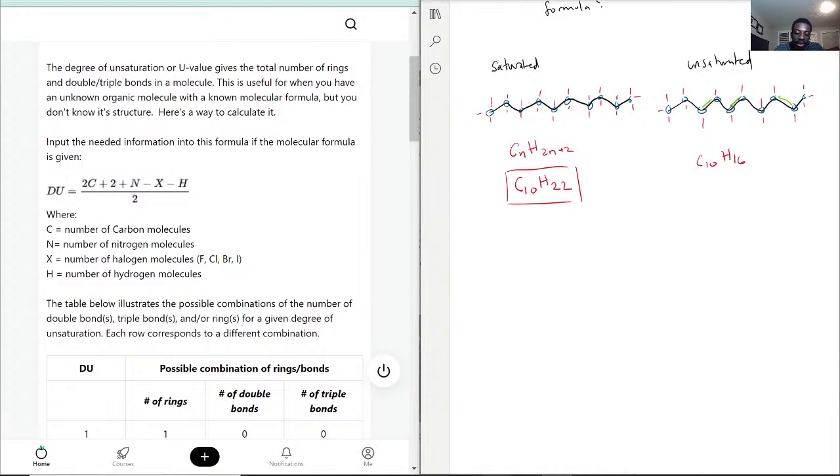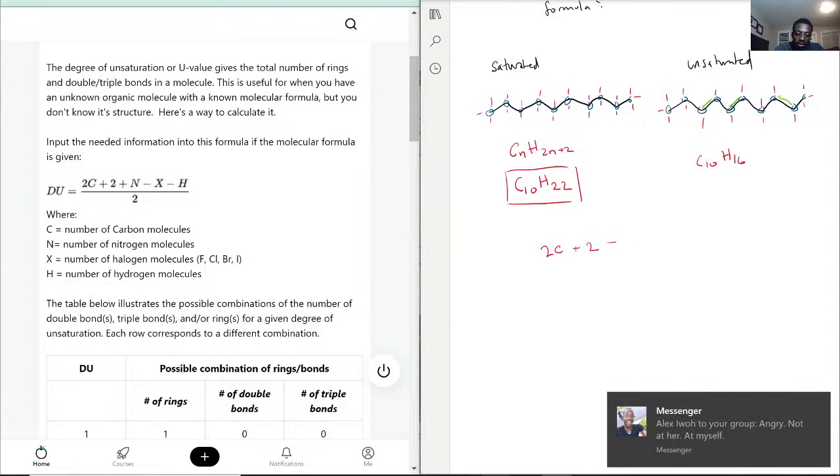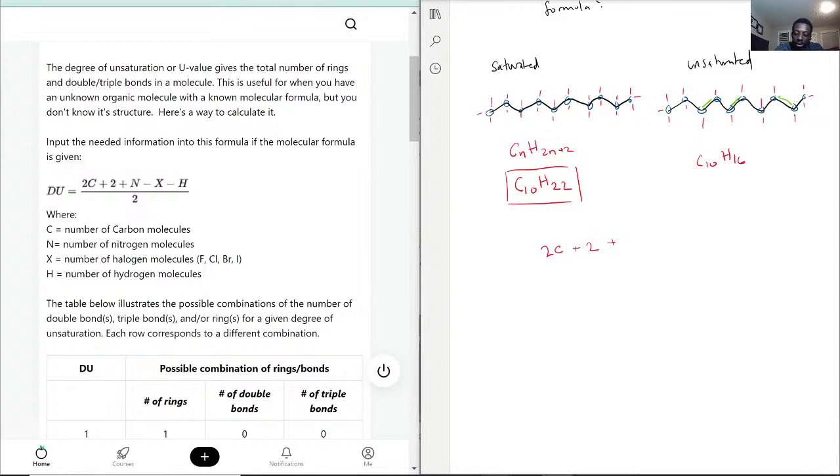For every carbon you have, you multiply it by 2, plus 2, plus N, minus X, minus H. So this means any nitrogen you also add, but any halogen or any hydrogen you subtract, and you divide everything by 2.